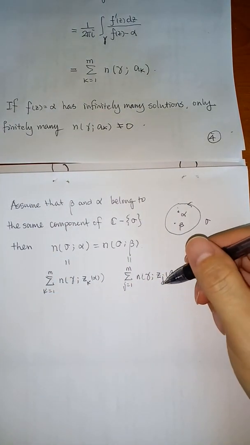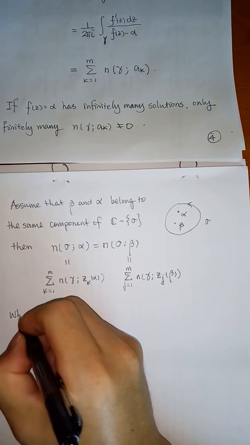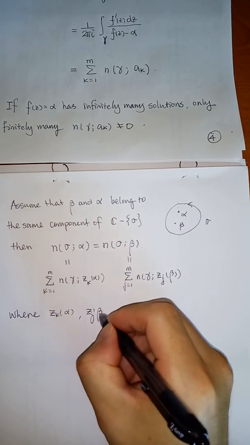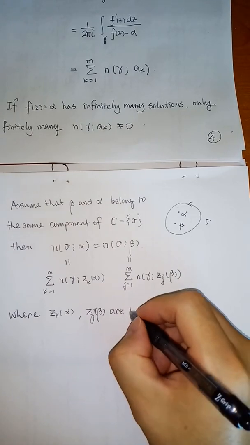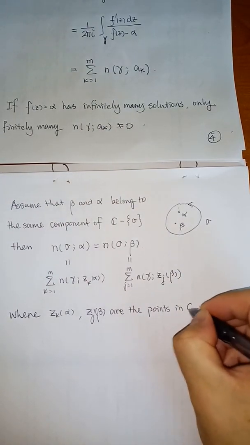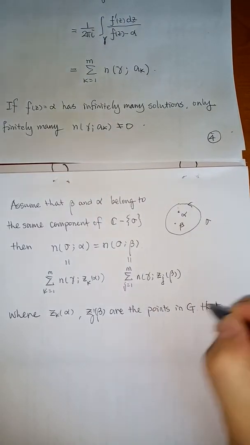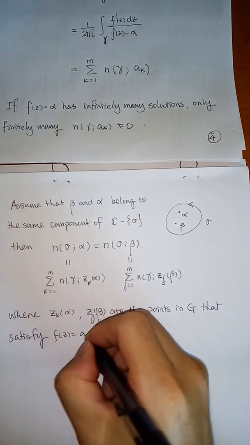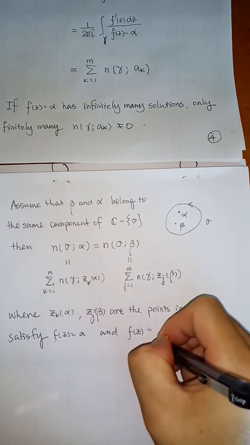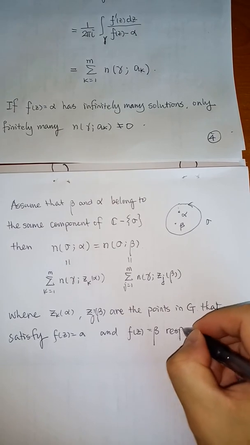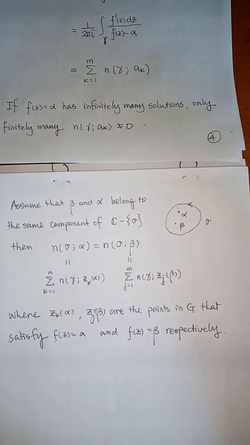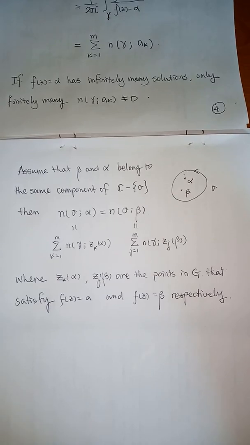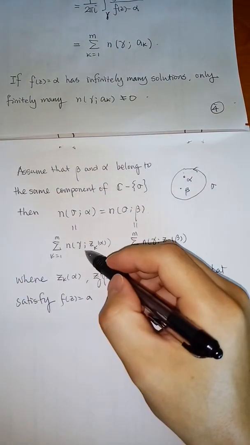Let's just pick the largest index, where z_k(alpha) and z_j(beta) are the points in the domain G that satisfy f(z) equal to alpha and f(z) equal to beta respectively. So this one is equal to this.